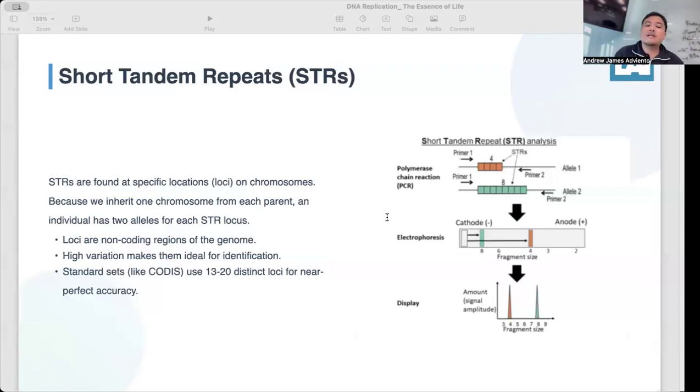Because we get one set of chromosomes from mom and from dad, every person has two scores of every location we test. So by testing 13 to 20 different locations, the chance of two people having the exact same scores is less than 1 in a billion. A billion.